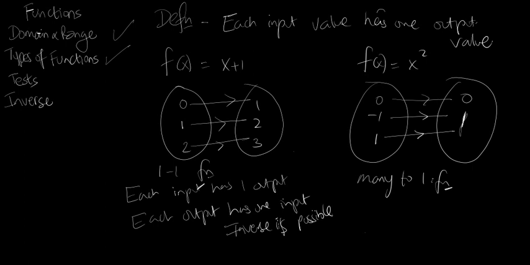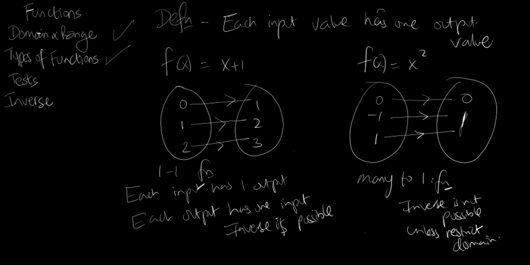If it's a many-to-one function like the quadratic one, the inverse is not possible, unless we restrict the domain, and this is what we're going to look into next. What does it mean unless we restrict the domain? We're actually going to explore that.